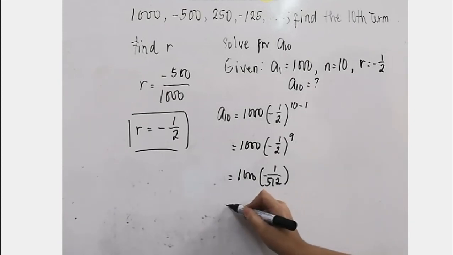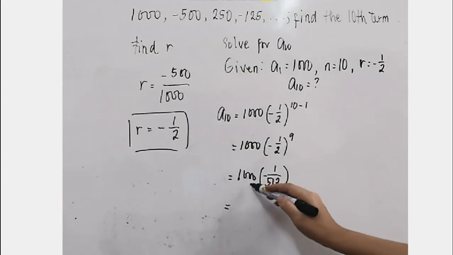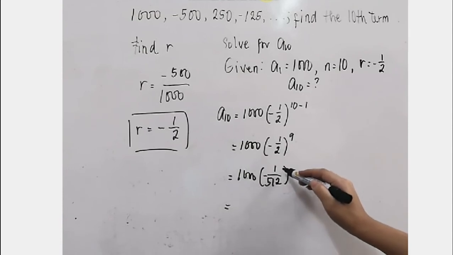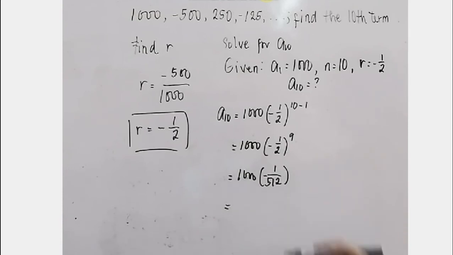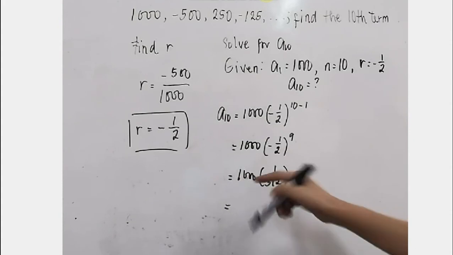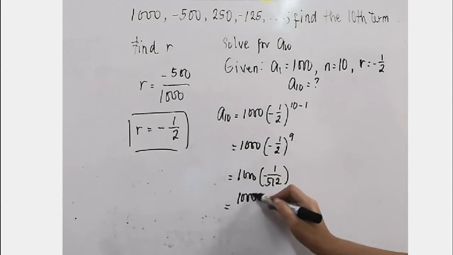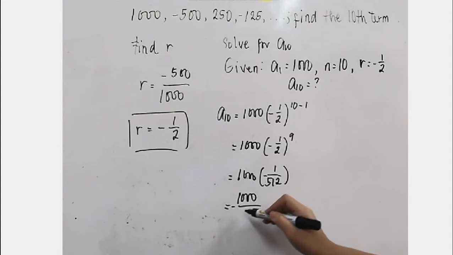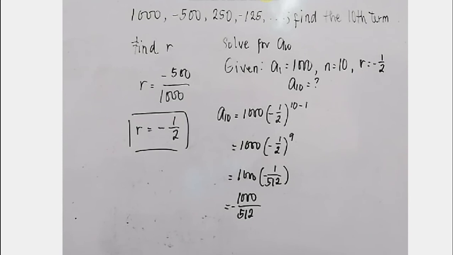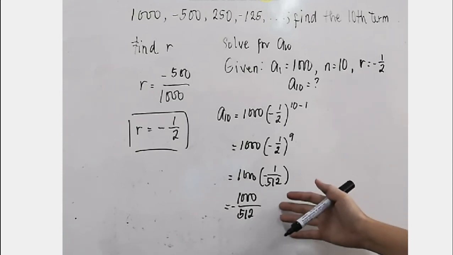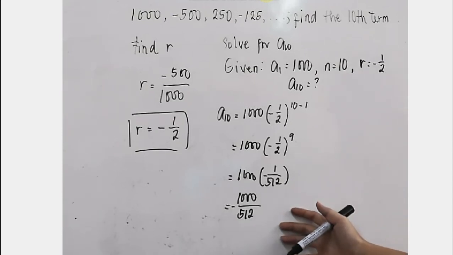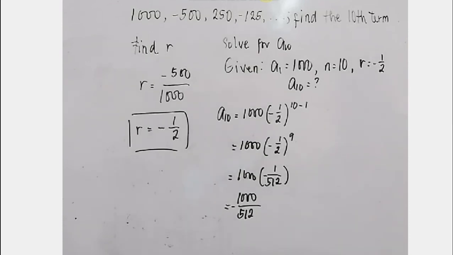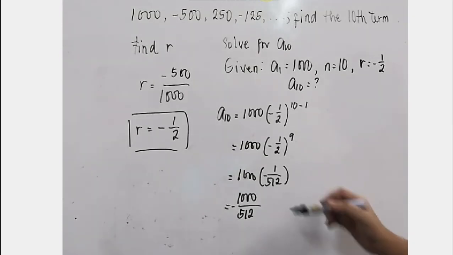Okay, I hope that you are following. So 1,000 multiplied to negative 1 over 512. So that will give us negative 1,000 over 512. So, this is not yet the answer because we can still simplify this one. So, how are we going to simplify that one? We need to find the GCF.